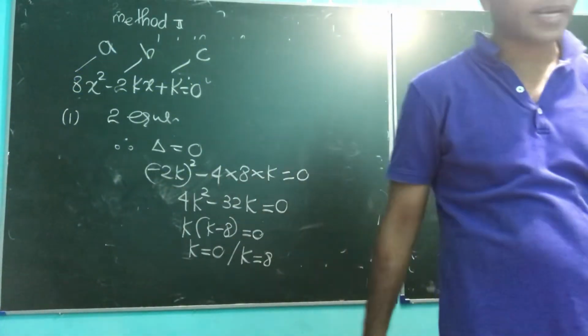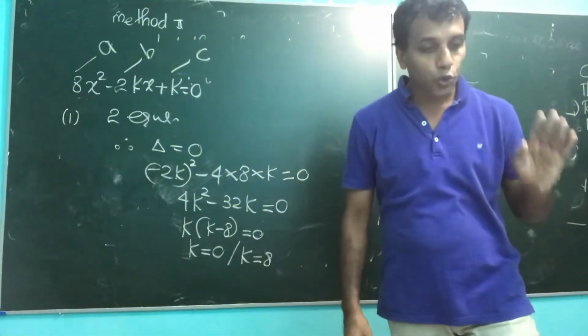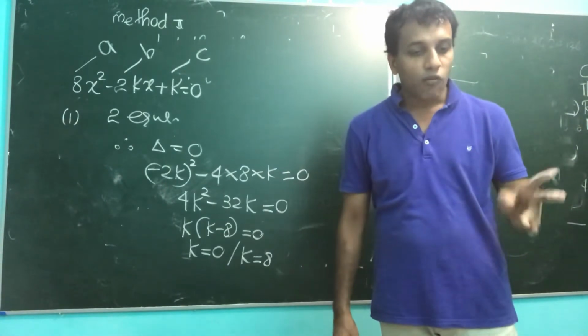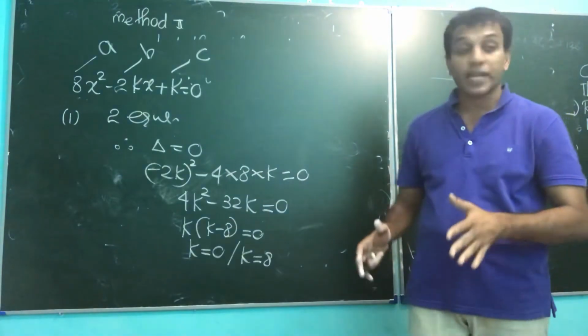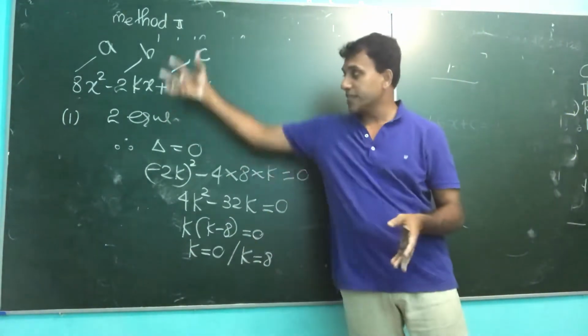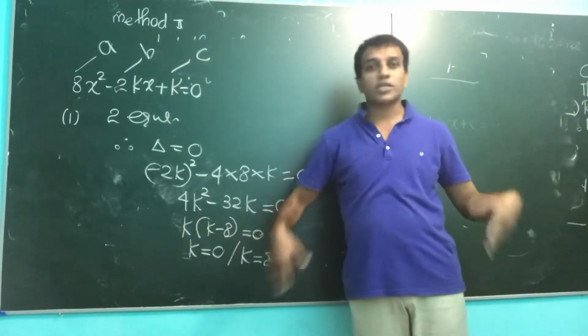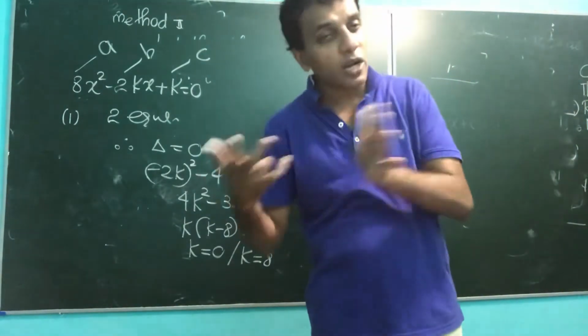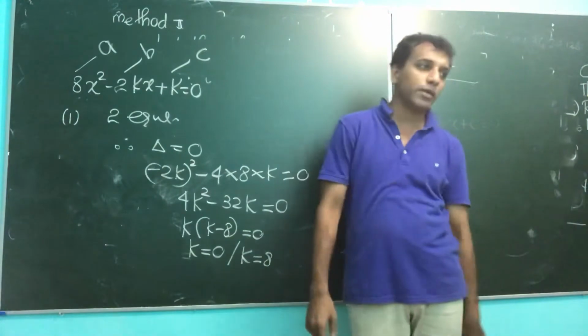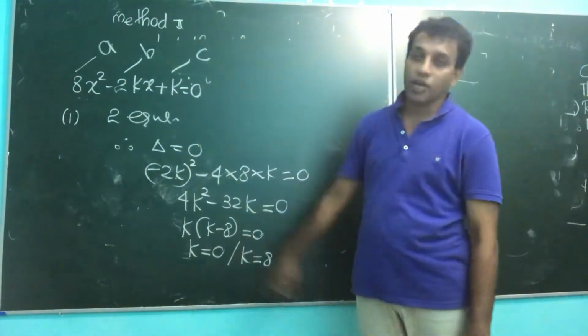Next, the second part: two real roots, one is double the other. First part is completed. Now in the second part they say one answer is double the other. Find the K value. So how?